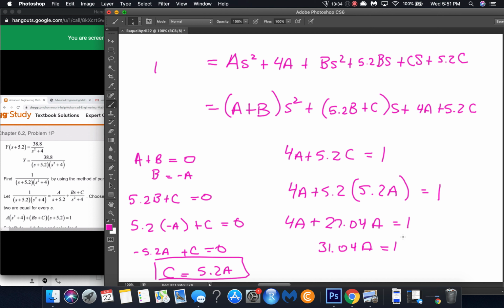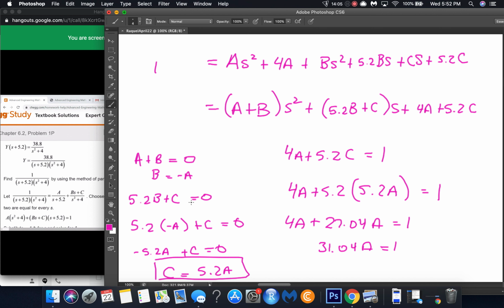Okay, so why is it that a plus b equals 0? Again, these are the coefficients of this polynomial, right? s squared plus s plus this whole thing. Since there is no s squared on the left side, then a plus b equals 0, and exactly, 5.2 b plus c would also equal 0 too, but we just didn't show it.